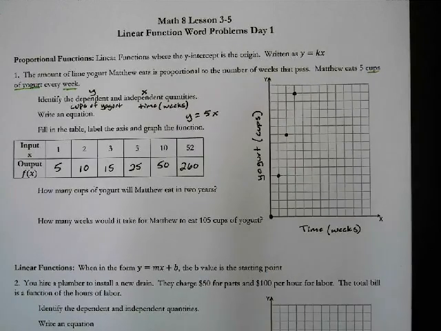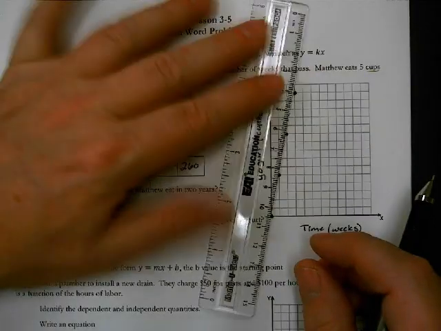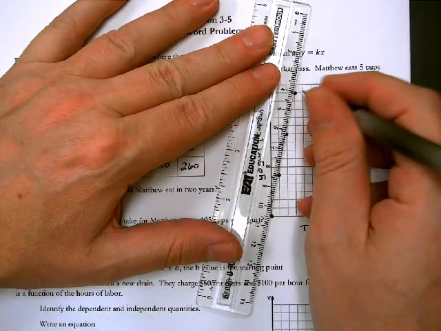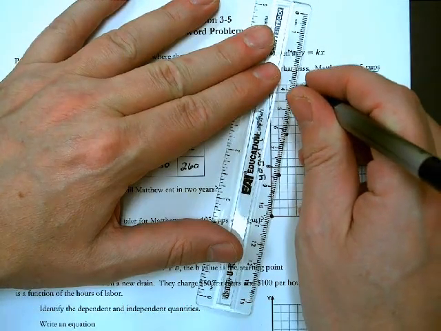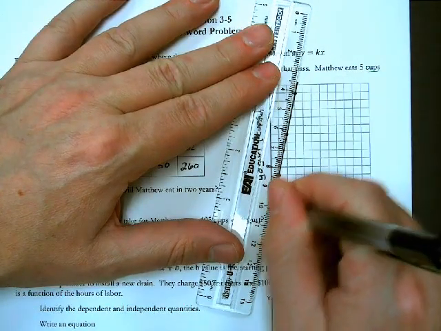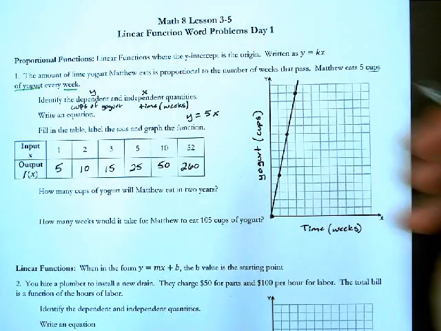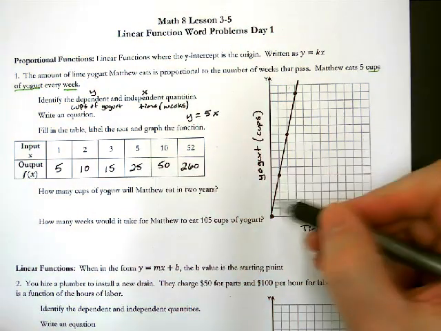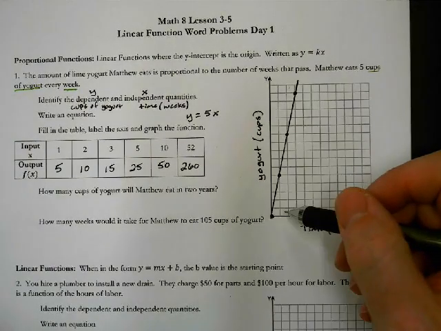Now, on this particular graph, we would probably connect it because I don't eat all the yogurt all at once. It happens during the week. So we would do this. This isn't completely accurate.